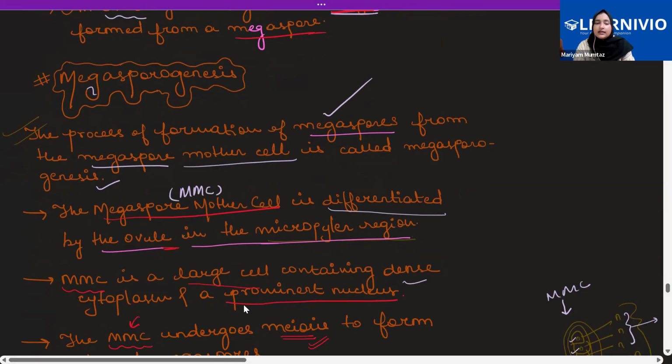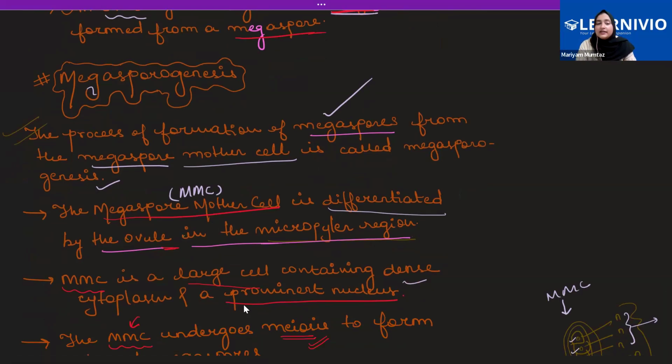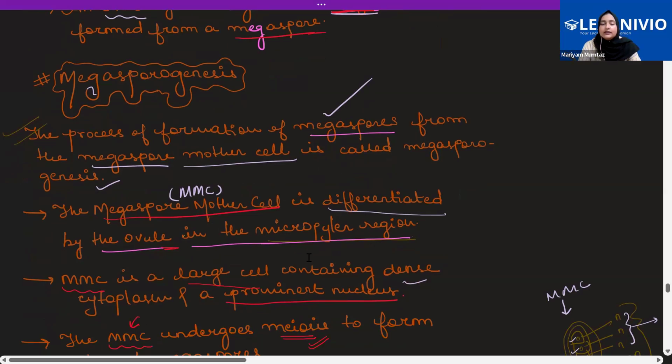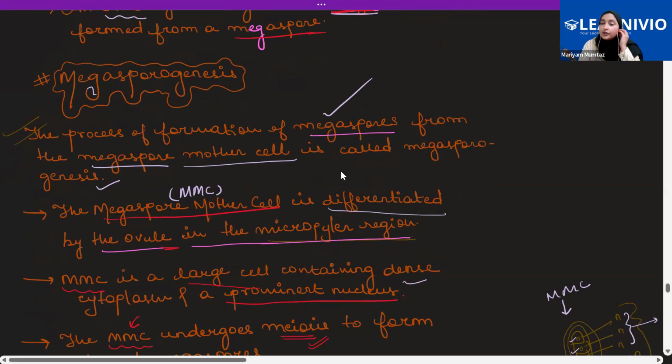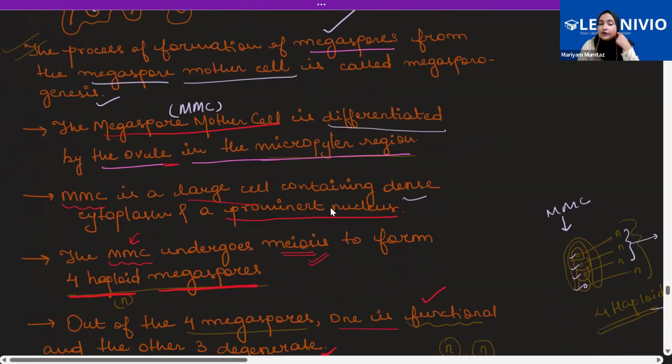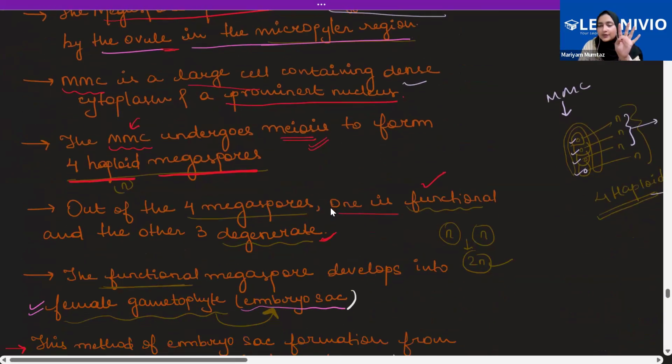This process is called megasporogenesis. The megaspore mother cell gets differentiated in the micropylar area. It has a lot of cytoplasm and a prominent nucleus, and it undergoes meiosis to form four haploid megaspores.